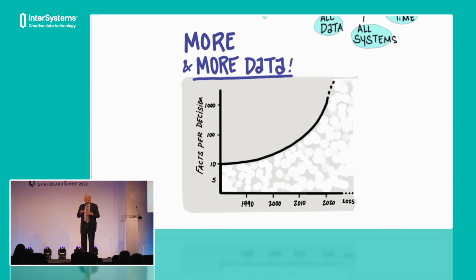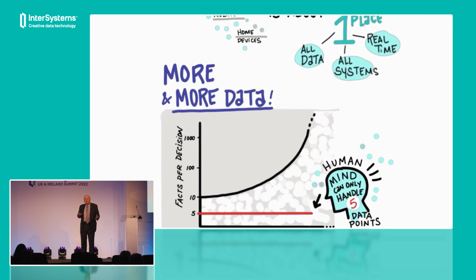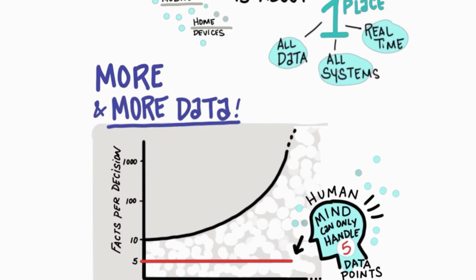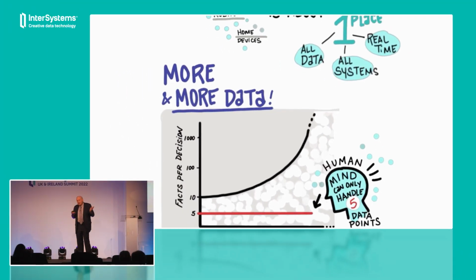Now, what hasn't changed in those 4 decades is the number of facts that a human mind can handle in making a decision. And on average, it's about 5. And I suspect most of you in this room, like me, can probably handle 8 or 9. But we were behind in 1980, and now we're hopelessly behind like everyone else.